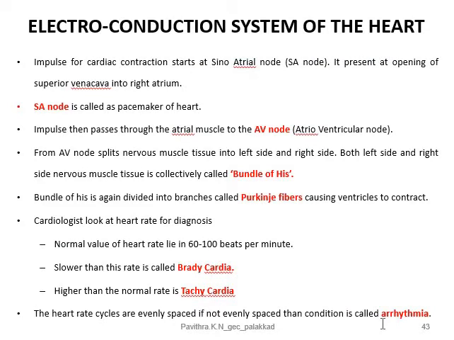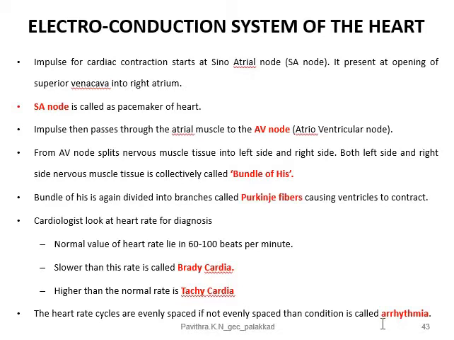Now, a cardiologist will look at the heart rate for diagnosis, depending upon the number of heartbeats per minute. A normal heart rate lies in the range of 60 to 100 beats per minute. If the heart rate is lower than this value, it is known as bradycardia, and if the heart rate per minute is greater than this value, that is above 100, then it is known as tachycardia.